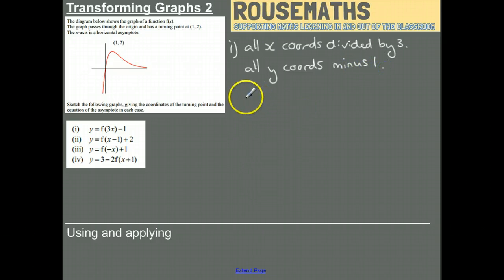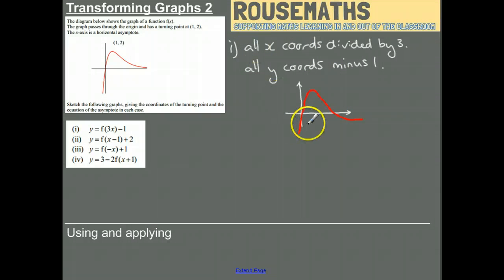So for the first one, our turning point is going to be moved. So let's have a look at that. So the graph is going to be squashed towards the y-axis, and then it's going to be moved down by 1, which means that our asymptote will move down by 1 as well.